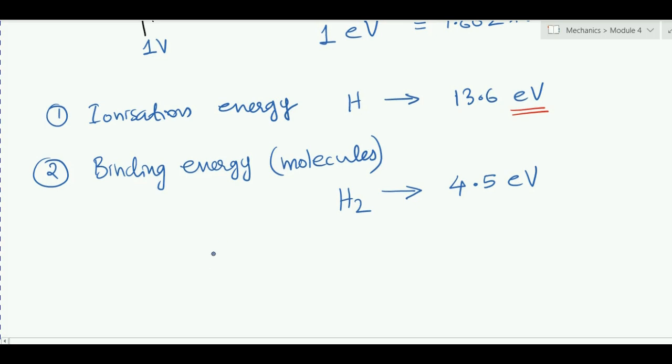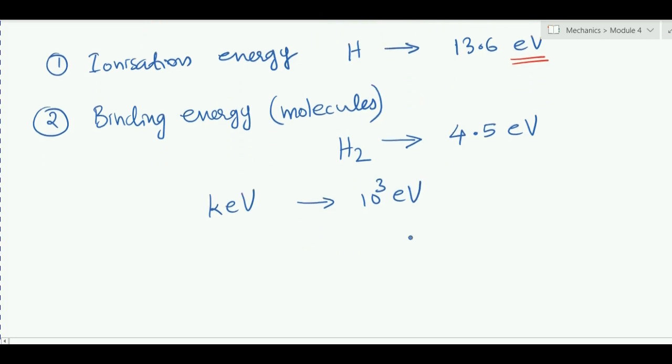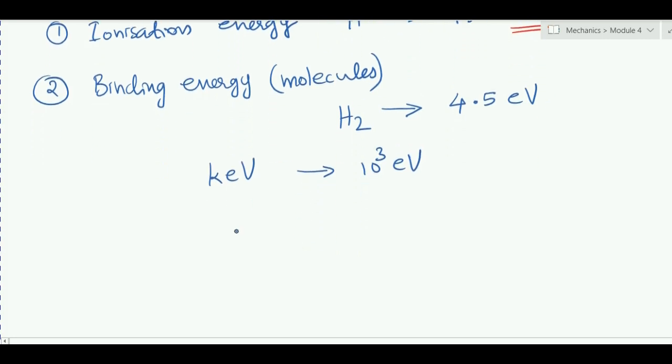We can also have higher energies like kilo electron volt, with a small k, which is 10 power 3 electron volts. Imagine you are dealing with subatomic particles, nuclear reactions, etc. In that case, we can have a mega electron volt, which is 10 power 6 eV, or even giga electron volt, which is 10 power 9 eV.